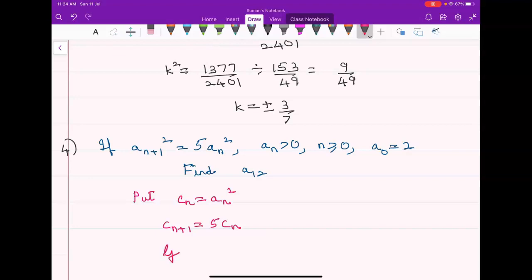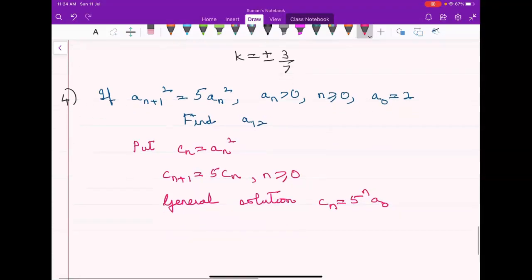So your general solution as per what we saw in the beginning of this video would be c_n = 5^n c_0, and of course here n is greater than or equal to 0. So your c_0 would be a_0 squared here, that is 4. So substituting here, you get c_n is 5^n times 4.